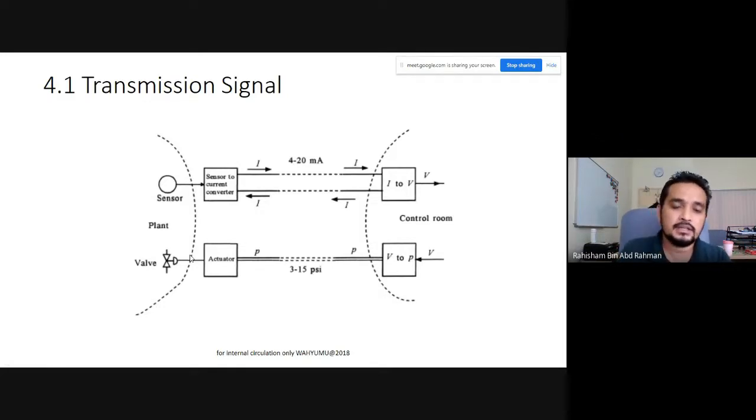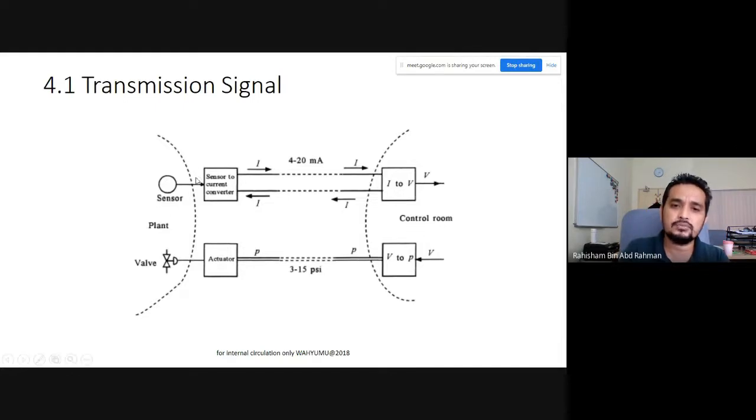These two input parameters, either temperature, flow, or pressure, etc., need to be transmitted to the control room. So how is this data or signal going to be transmitted?